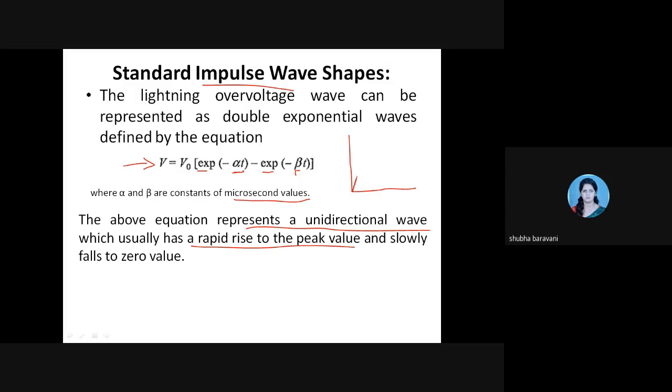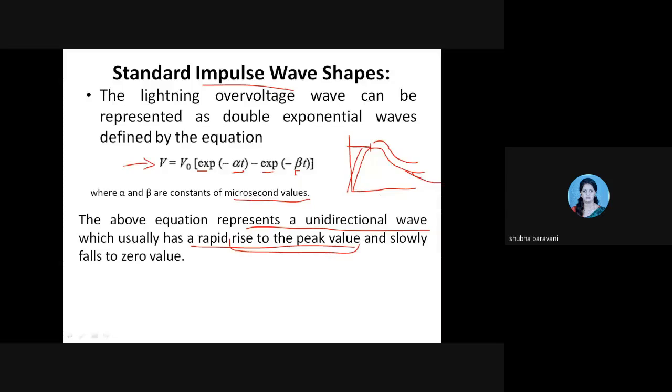I showed you a waveform which was like this. So it is said that it is having an exponential rise to peak value. See, this is the rise, this is your peak. Rise to peak value and a very slow fall time. So fall time may go to 0.